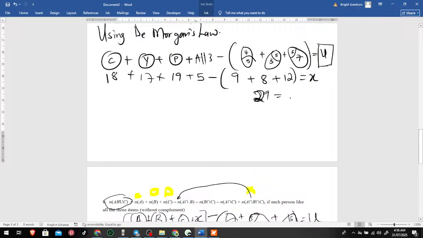This and this: 18 plus 10 is 28, plus 2 is 30, plus 5 is 35. 35 plus 10 is 45, plus another 10 is 55, minus 1 is 54. 54 plus 5 is 59. So 59 minus. Then I have to cross on the screen. This and this is 29.